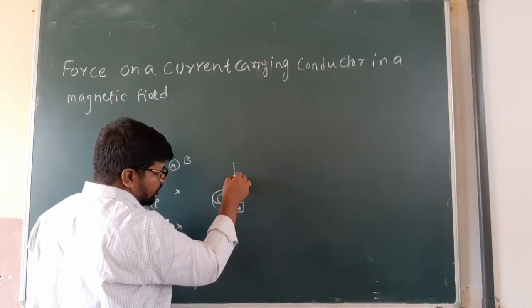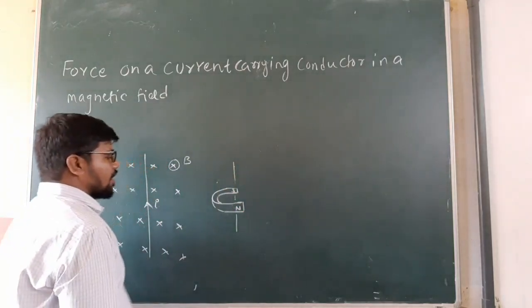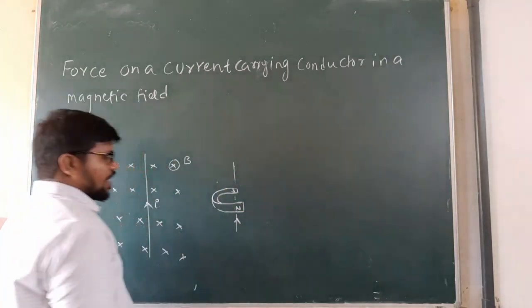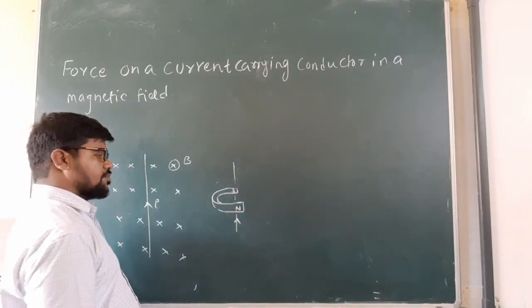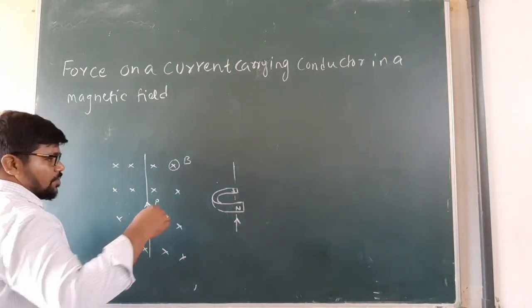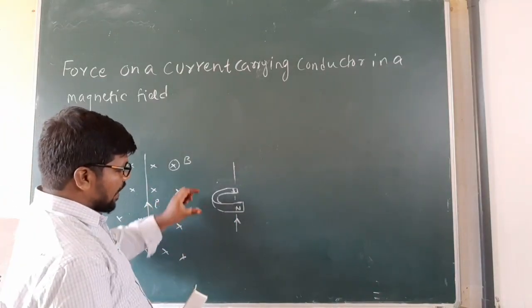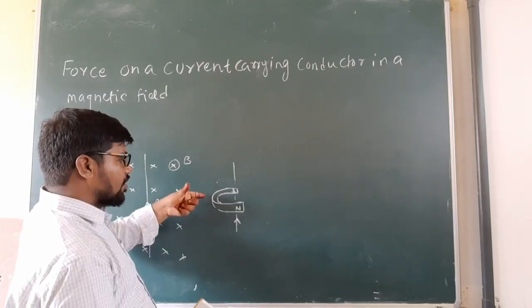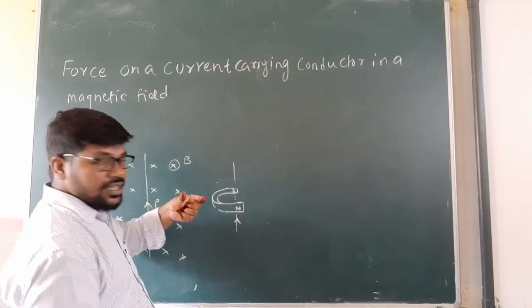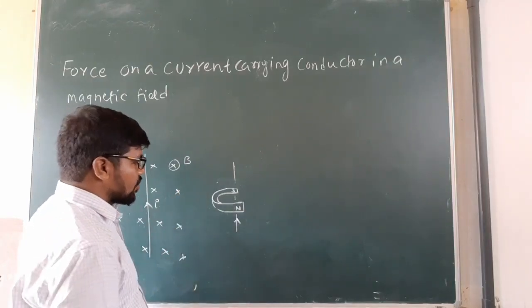In this case, you have to take one wire. If the current moves from bottom to up, the field lines enter into the board, like this situation. So, U-shaped magnet, my children, we have to take it like this, with north and south.